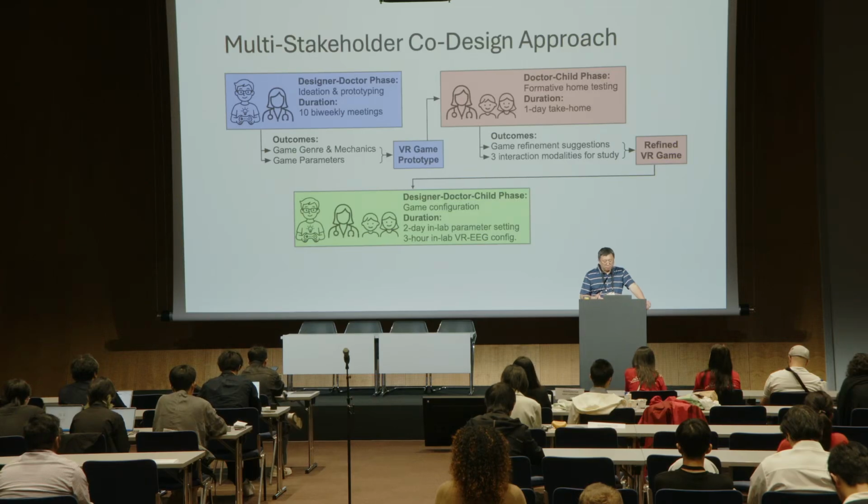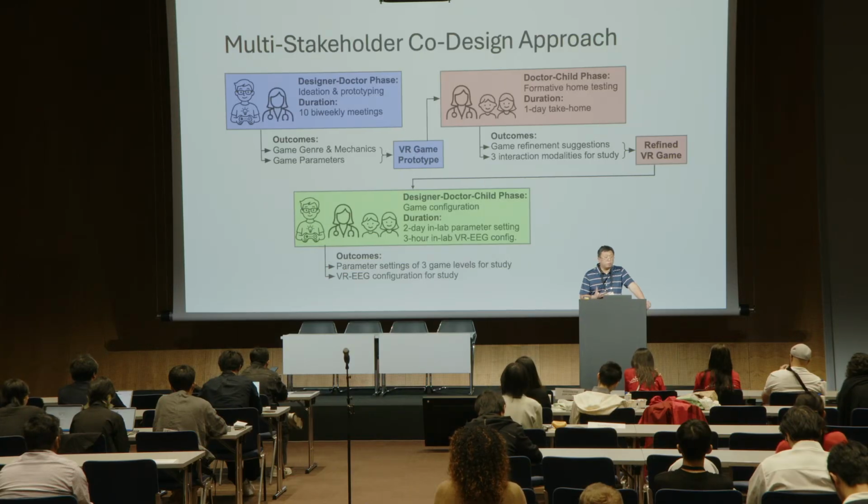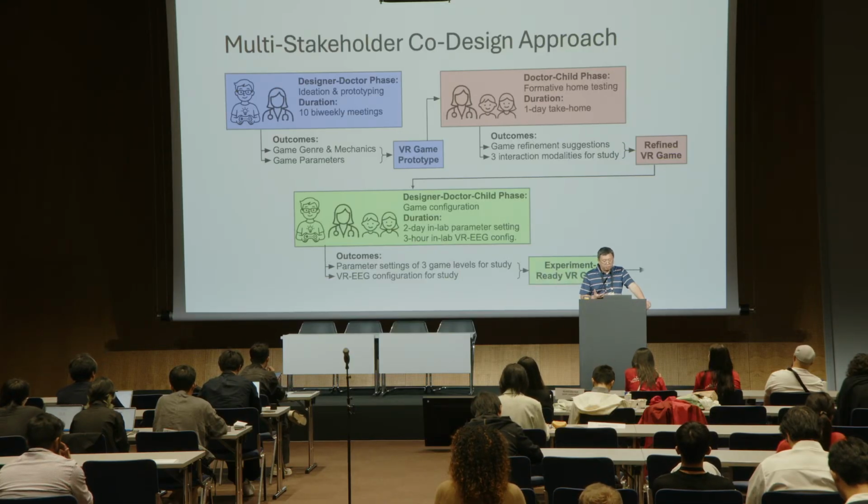We finalized parameter settings to determine the difficulty levels, worked on the EEG integration, and ensured the in-game tracking and recording system was working properly. So this is more like a technical refinement process. Then the doctor assessed the data to make sure the data collected was scientifically valid, and then we had a finalized version that was ready for the experiment.